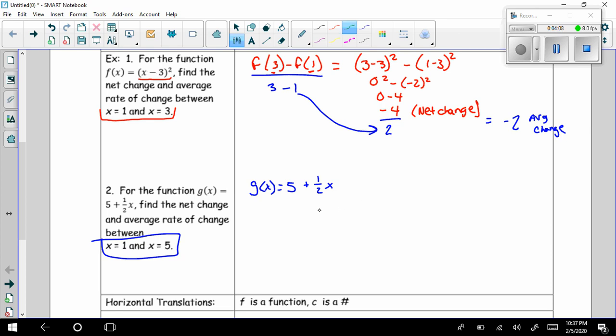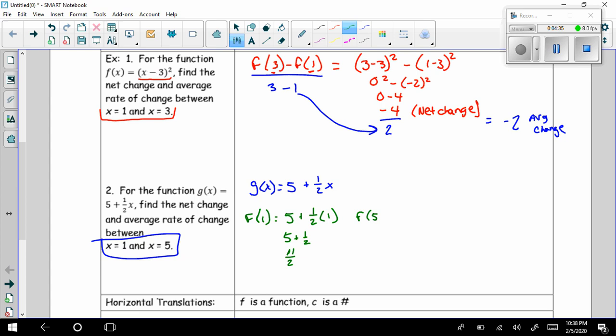So we have 5 plus 1 half times 1. This is g of 1. So 5 plus 1 half. So I'm going to put 11 over 2. It'll be easier to calculate with it.